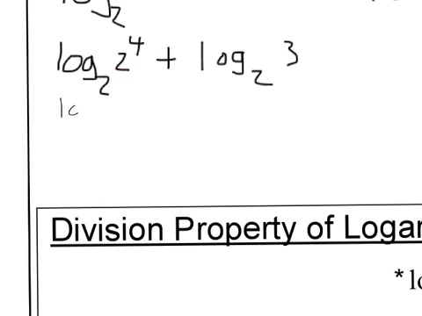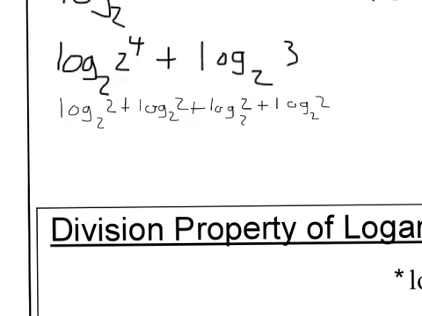Couldn't I say that this is like log base 2 of 2 plus log base 2 of 2 plus log base 2 of 2 plus log base 2 of 2, and then over here I can put my log base 2 of 3. So that's really what 2 to the 4th power means, right? 2 times 2 times 2 times 2, which really means log 2 plus log 2 plus log 2 plus log 2.